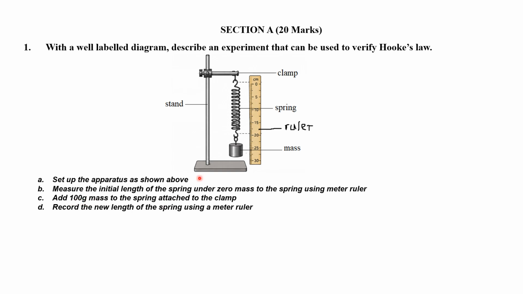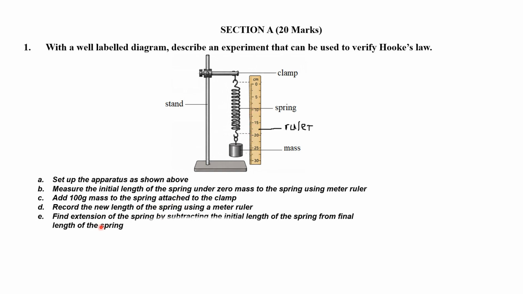The mass being hung there will cause the spring to increase in length. The initial length is the one you measured before a mass is attached to the spring. The new length is the one due to the mass being hung there. This is going to stretch further down to give you a new length.